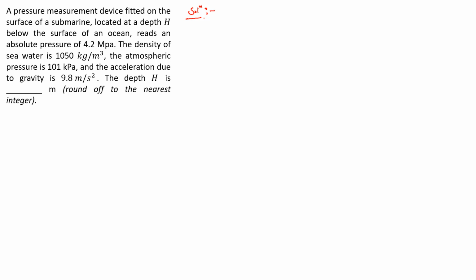I think Priyanka has already solved it. Others also, please write your answers. I'll write down the formula here again. The pressure will be the atmospheric pressure plus rho times g times h, and they are asking us to calculate h. So h is what you need to find.